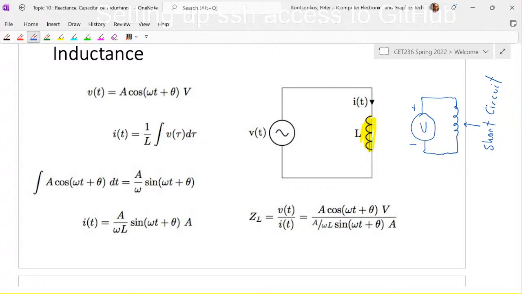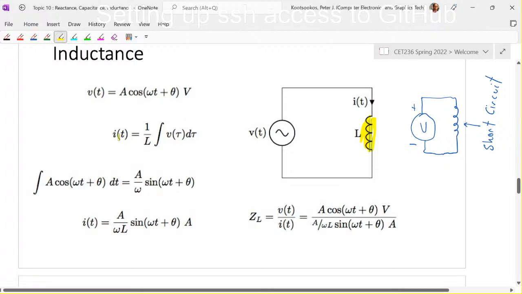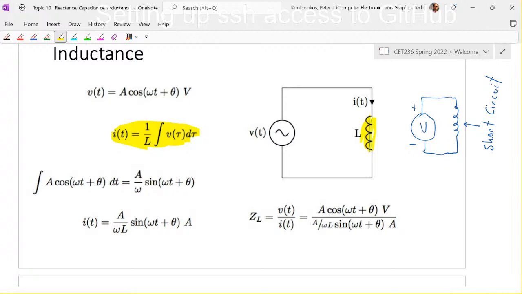If it's not constant voltage, if it's an alternating current, then this is the relationship between the current and the voltage. I equals 1 on L integral v dt.